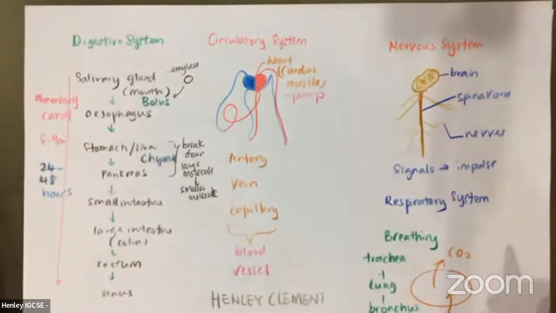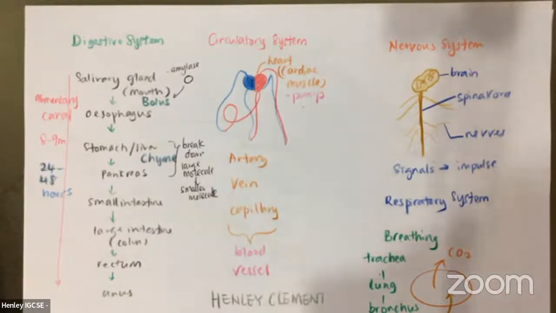The small intestine is the place where all these small molecules can be absorbed into our bloodstream. Bloodstream means the capillary. Capillary means the finest, small, one-cell-thick layer of the blood vessel.